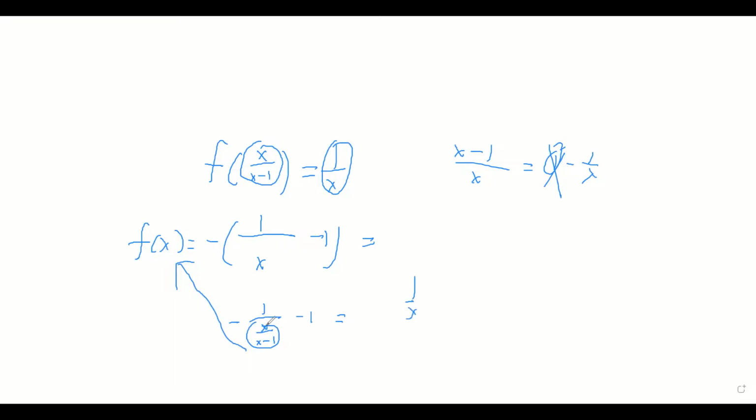And this actually is 1 over x, because this thing becomes x minus 1 over x, and you're taking the negative of this entire thing. This becomes x minus 1 over x, and then minus 1, which is equal to negative 1 over x, so that's equal to 1 over x. So this thing is true because we just tested it.